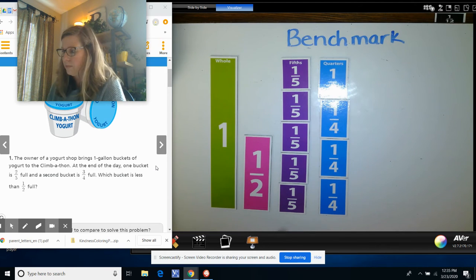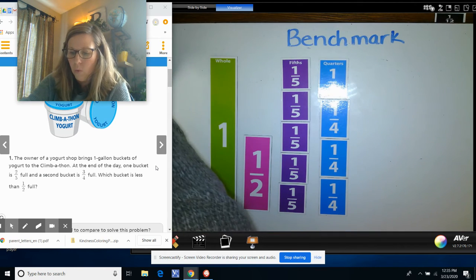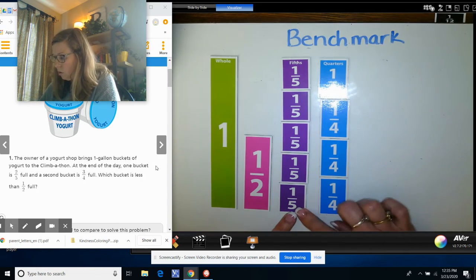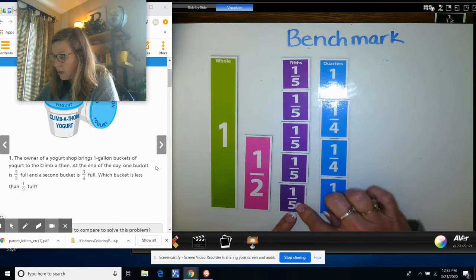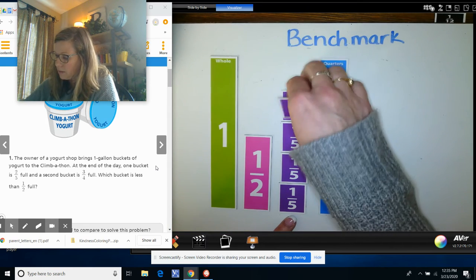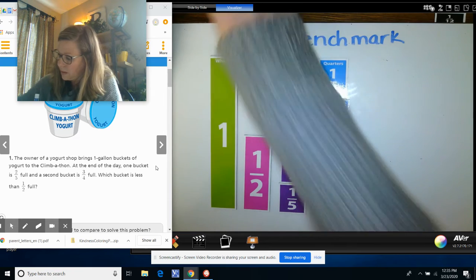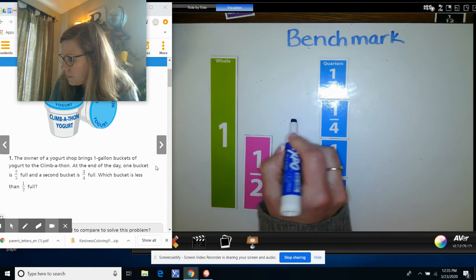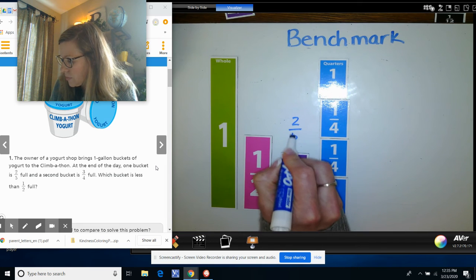So let's look at the first amount. So we know that one of the buckets is 2/5 full. So remember, this is the whole. There are 5/5, but we only need 2. So I'm going to take out these 3. And we're going to represent these 2/5 with the fraction 2/5.